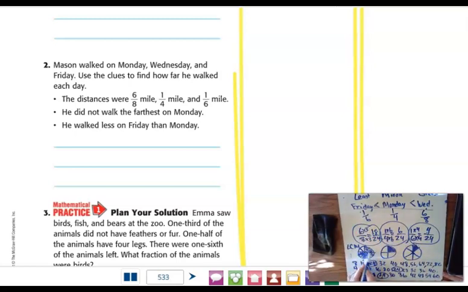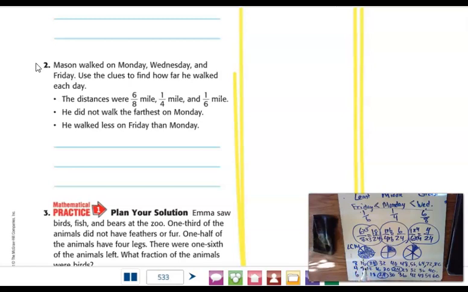And that makes sense because you can see this picture clearly has the most blue, this picture has the middle, and this one has the least. So these models can be really helpful, and they can save you time. But they can be less accurate, especially if you're not making equal sections.